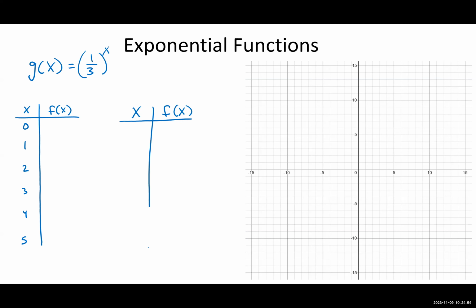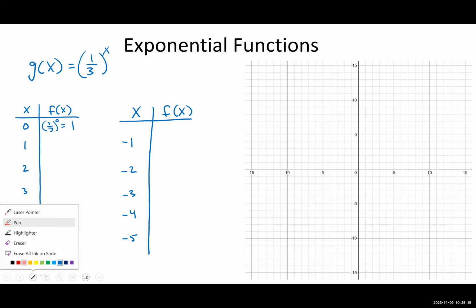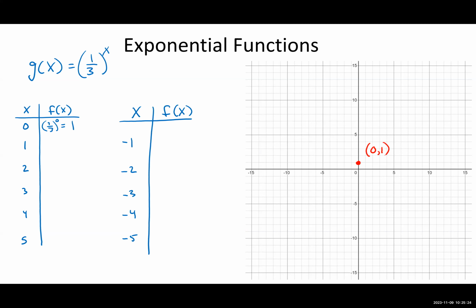I'm going to set it up the same way. I'll use 0 up to 5, and then we'll look at negatives, -1, -2, -3, -4, and -5. So when x is 0, you get (1/3) to the 0, which is 1. Right? Anything to the 0 power is 1. So just like before, the graph is crossing through the point (0, 1). That's the y-intercept.